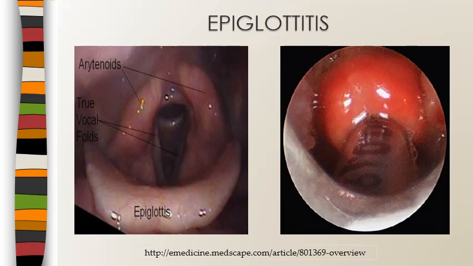These are the vocal cords here. So you can see that there is no swelling, whereas on this side, right here on the right-hand side, this is the acute cherry red inflammation, and this tube here is actually a breathing tube that is going through the glottis and through the vocal cords into the lungs.